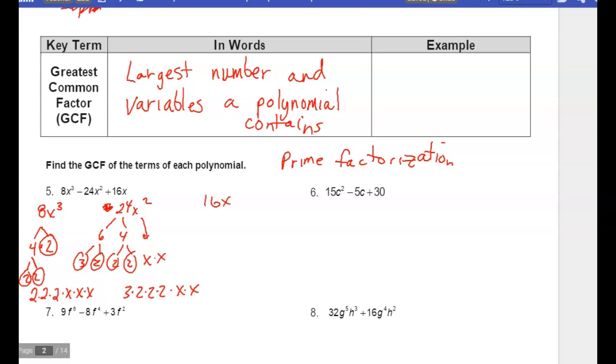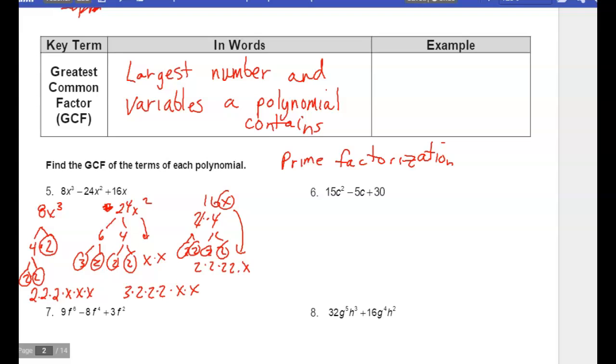And then last, I have the 16x, which I'll do 4 times 4, which just ends up 2 times 2, and 2 is a prime number. So for this one, I have 2 times 2 times 2 times 2, and then my x.